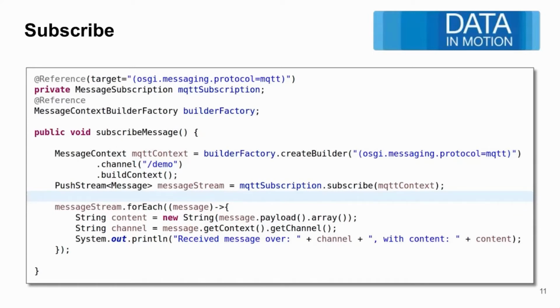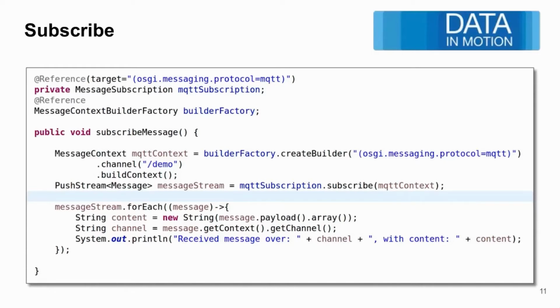Subscribing to a message is very similar. The message subscription service is injected into your service component, and with a message context builder, you can configure your subscription. At a minimum, you want to provide the channel information on the channel you want to subscribe on.